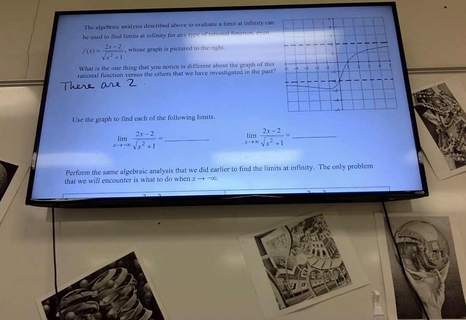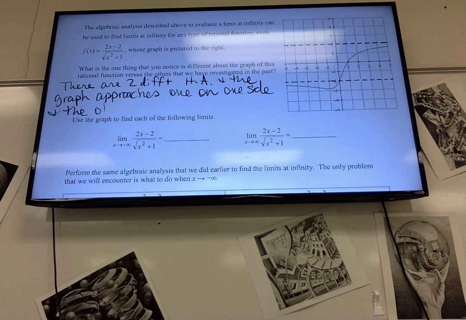Yes, there are two different horizontal asymptotes, and the graph approaches one on one side and the other on the other side. And negative 2 on the other side.